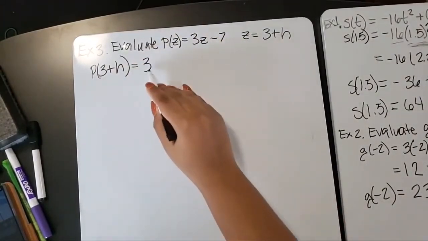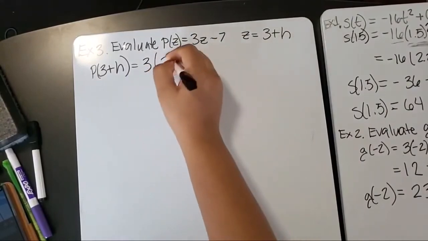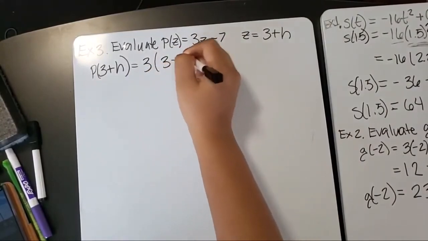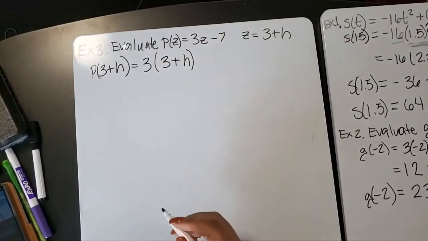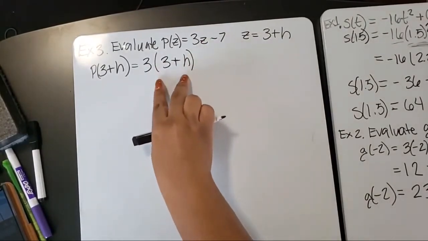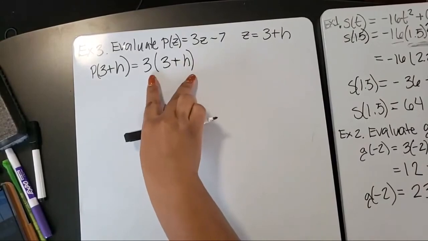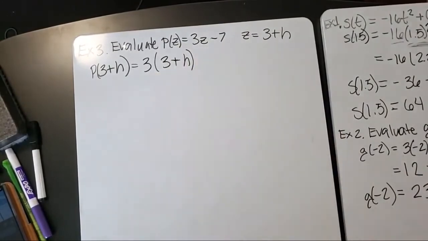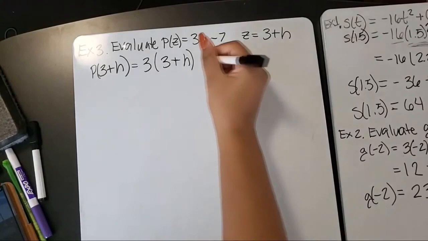So we've got 3 times (3 plus H). We put it in parentheses. If we don't put this in parentheses, we might not understand that this is going to require the distributive property. So whatever you plug in, I beg of you, please put the whole thing in parentheses, okay?